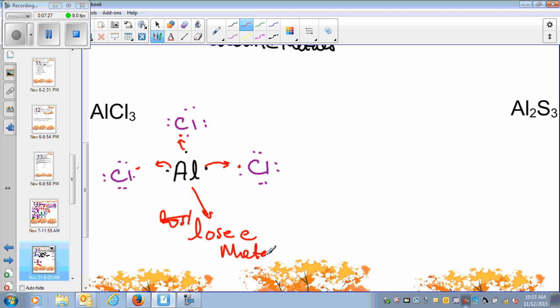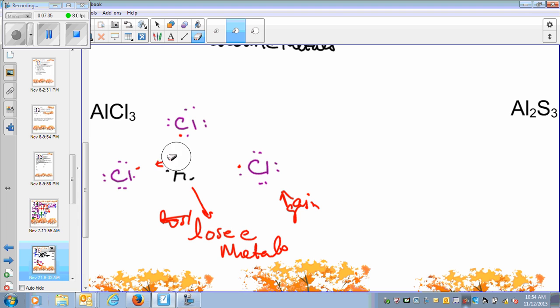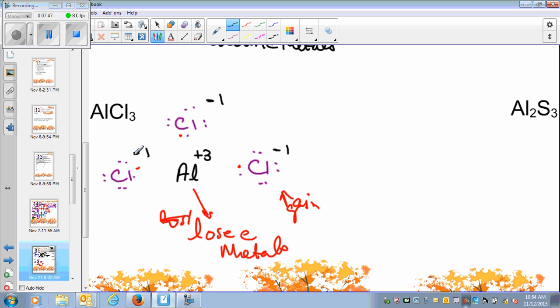Metals lose electrons, and nonmetals gain electrons. So at the end, aluminum doesn't have anything on it. Aluminum lost all the 3 electrons it has. Aluminum is positive 3. Each chlorine gained 1 from aluminum, on top of the 7 they had of their own.